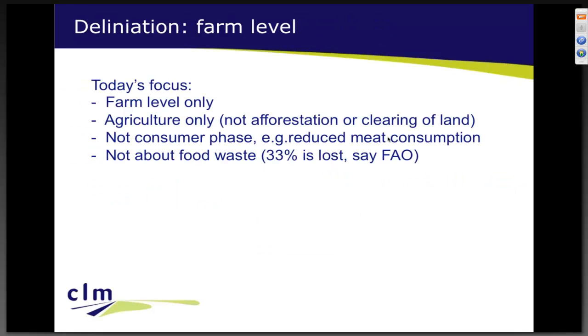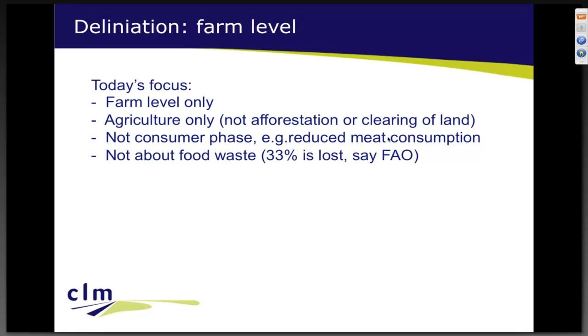But today's focus is at farm level only. I'll be talking about farmers and what they can do, and agriculture only, not afforestation or clearing of land. We're not talking about consumers, even if they sometimes can have an enormous impact on climate change, by not eating meat, for instance. And we're not talking about food waste, which of course is one of the major sources if you're losing 33% of your food. All of that has caused climate change without actually ending up as food, which is a waste.